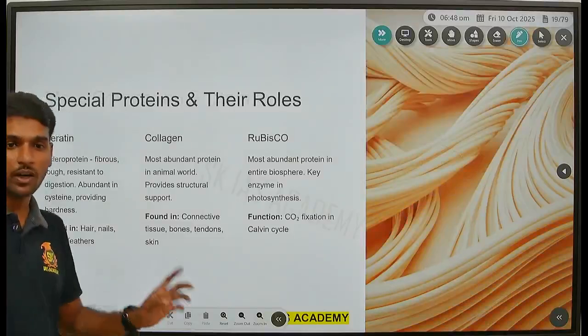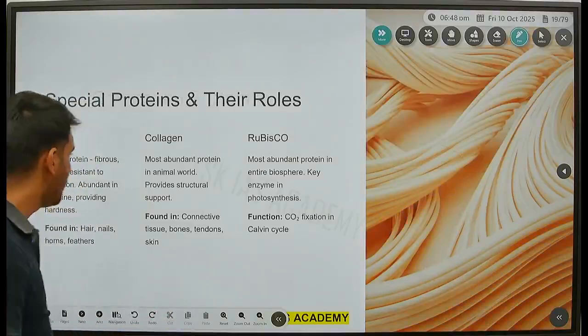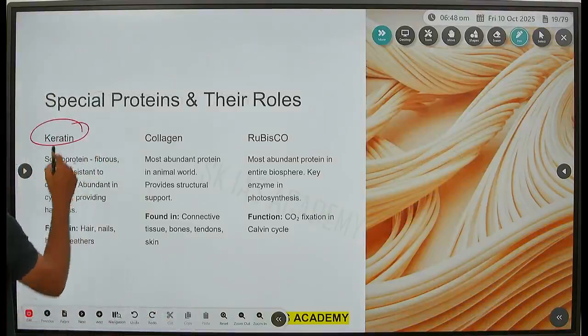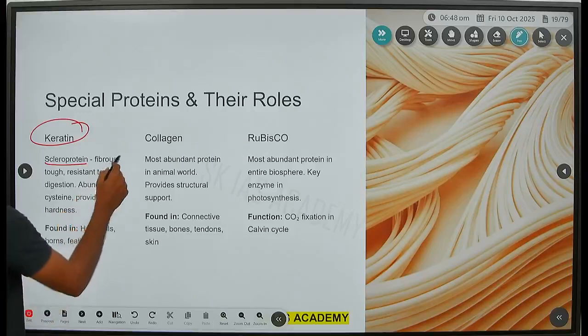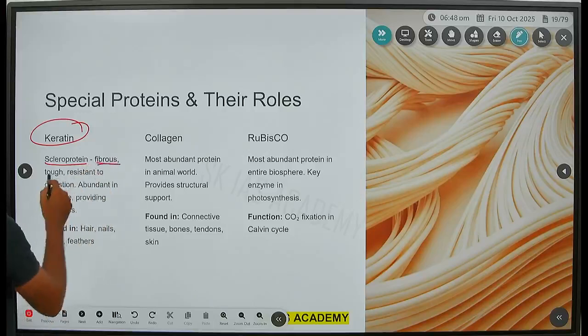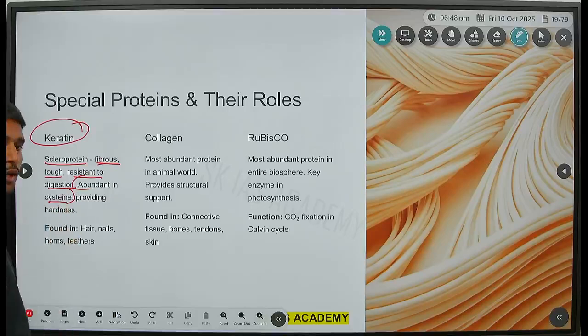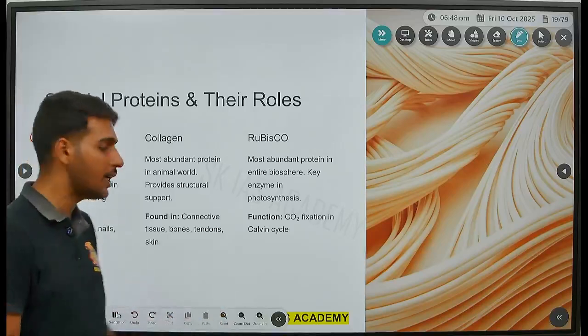Special proteins, important to note; please note it down. Keratin is a scleroprotein, fibrous, tough, resistant to digestion, abundant in cysteine. So the amino acid cysteine is abundant in keratin.